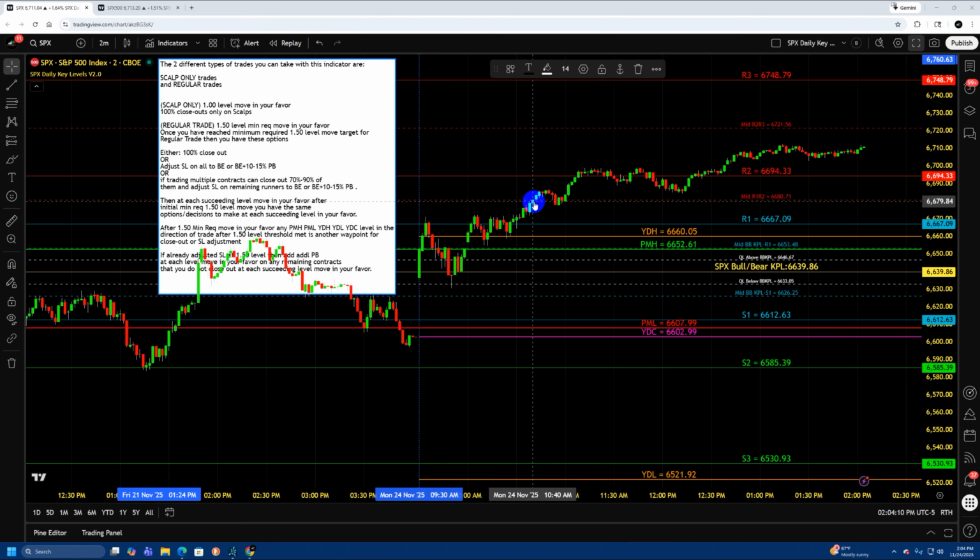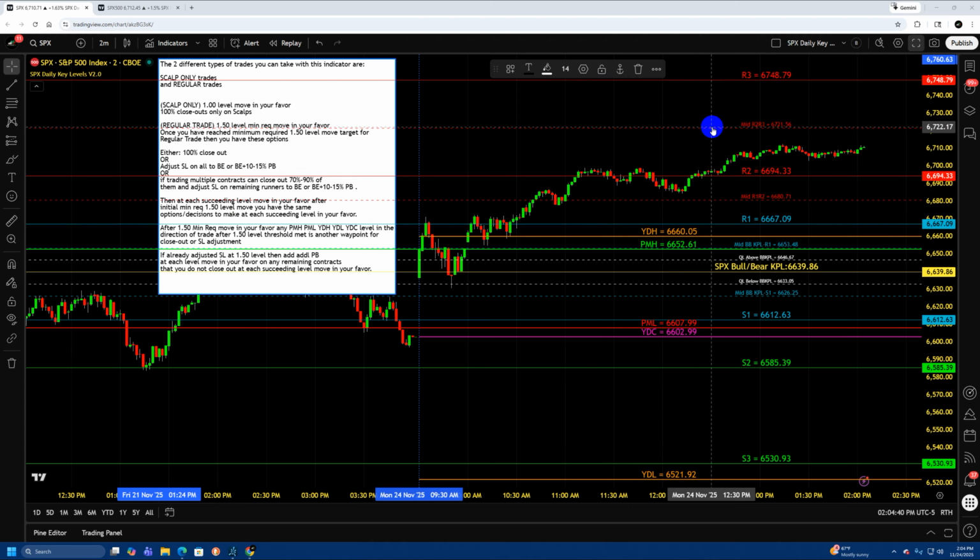Either closing all of your contracts out, scaling out if you are trading multiple contracts of say 3 or more, or adjusting your stop loss to break even, or break even plus 10 to 15% profit buffer on all of them, and then waiting for a succeeding level move in your favor to again go through that decision making, either to close out or continue to trade on to see if it gets to the next level.